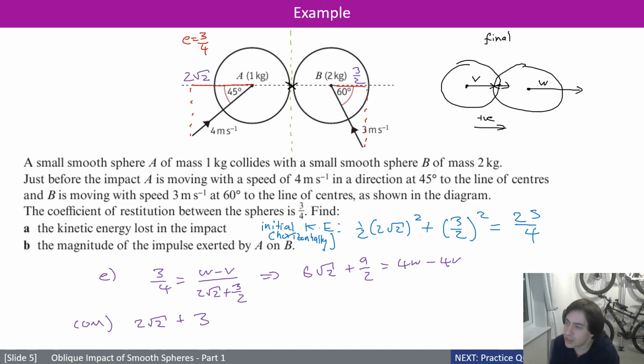Except not 3, because we're taking everything as vectors, the direction matters. So that 3/2 again is really a minus 3/2. Probably better to have just written it in. So it's actually 2 times minus 3/2, and I get minus 3. Okay, so that's the total momentum initially, which will be the same as the final, which in this case will be V times 1 plus W times 2.